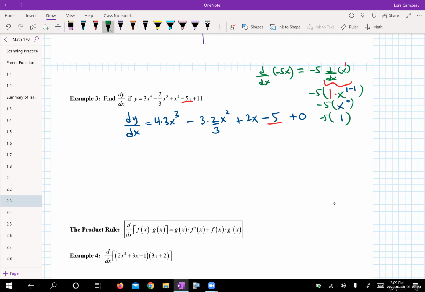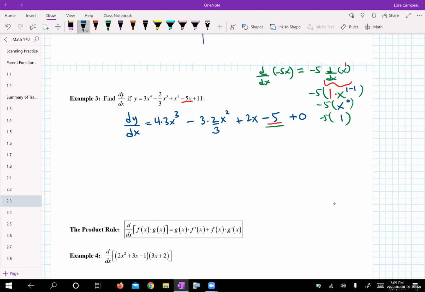So that's where they're getting this negative 5 from. Or one could say, if the x is to the power of 1, it's a linear term, you can just take the coefficient as the derivative. We can kind of apply it back to the slope of a line. See how that works.